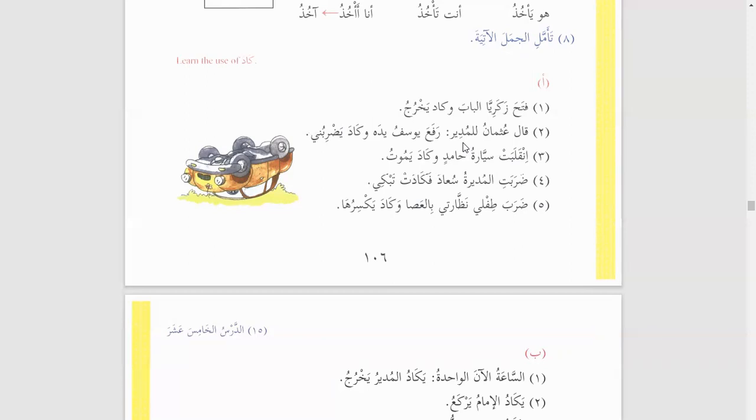قال عثمان للمدير. Osman said to the manager. رفع Yusuf raised يده his hand وكاد يضربني, he is about to hit me. يضربني, yes. يضرب and then the noon and ya.